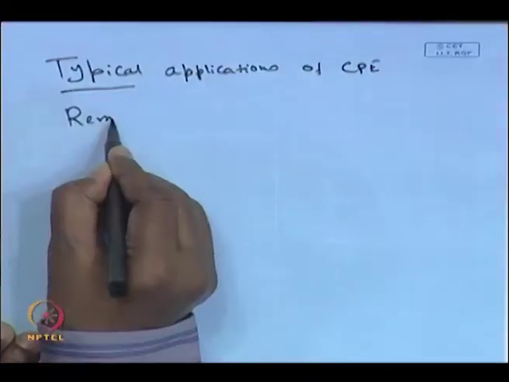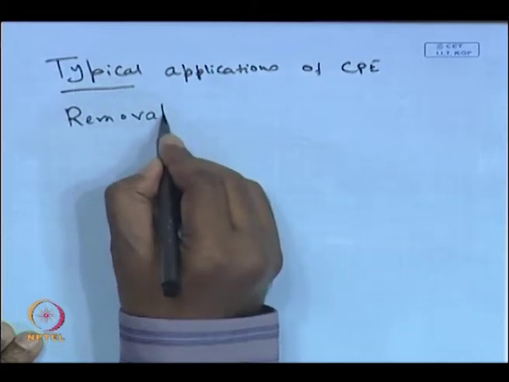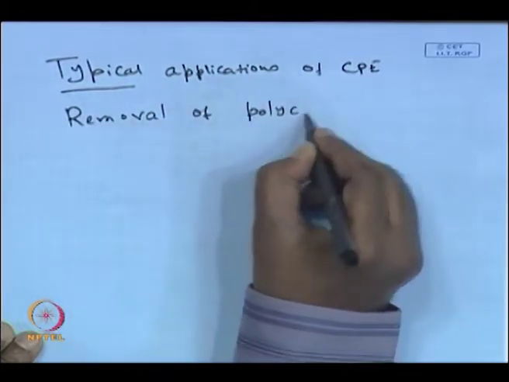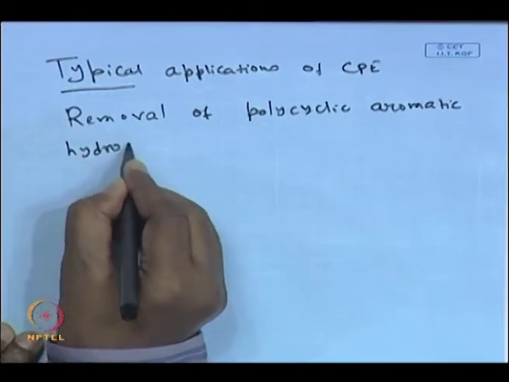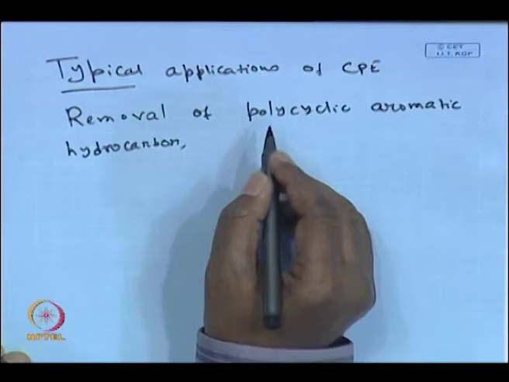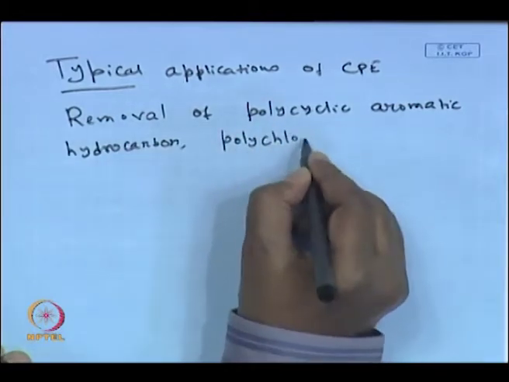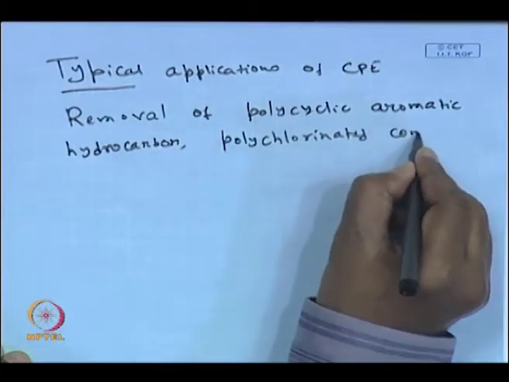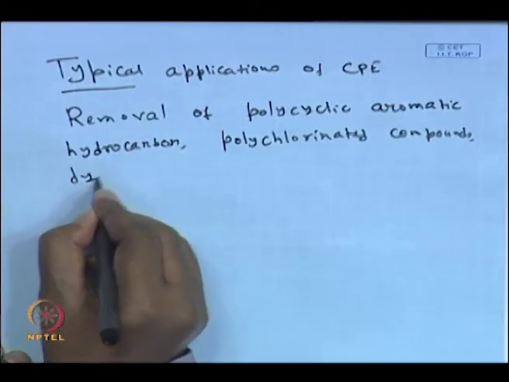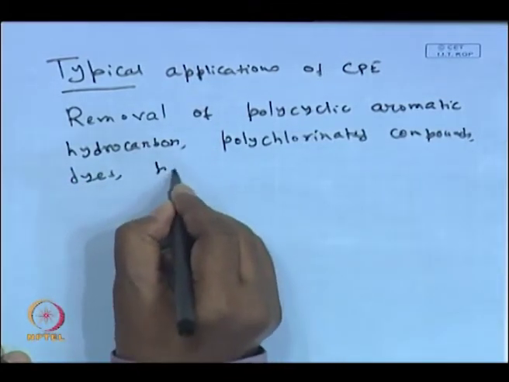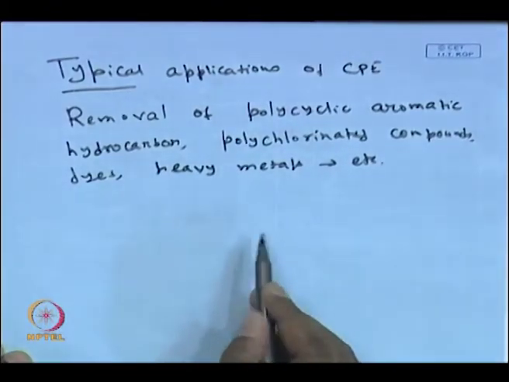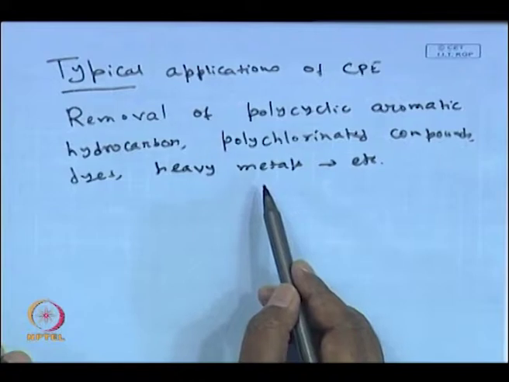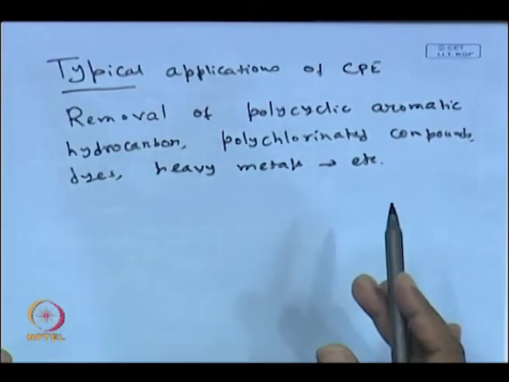So, removal of PAH, polycyclic aromatic hydrocarbons, polychlorinated compounds, dyes, heavy metals, etc. So, these are all cancer causing components present in the aqueous system, depending on the source of the water that you are going to have in different locations.